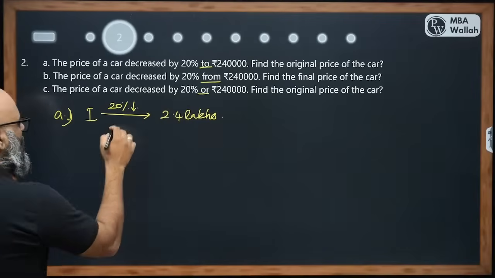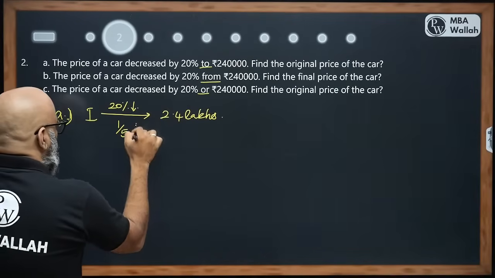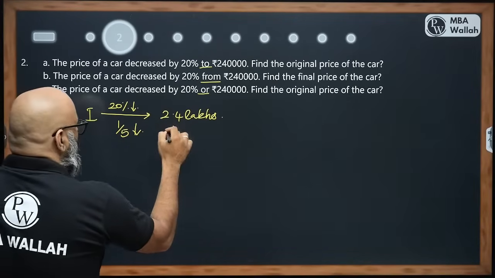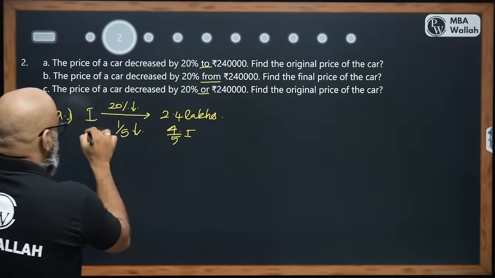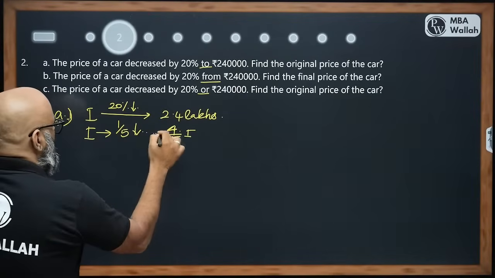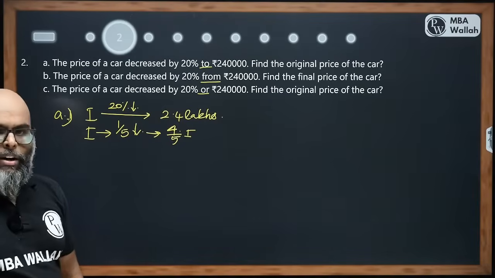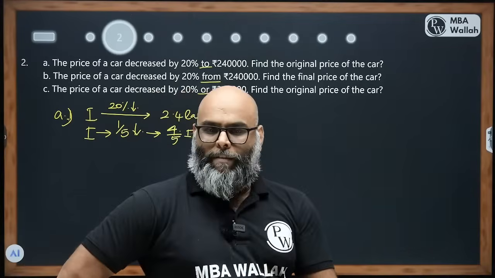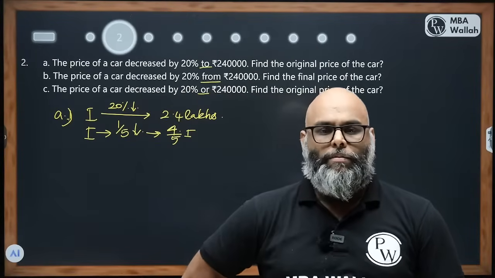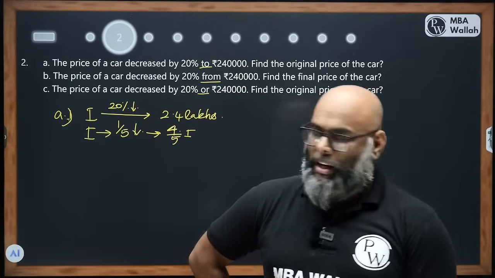Or can I say there is a 1/5 reduction. So this is 4/5 of my initial value. This is my initial value. There is a 1/5 reduction in it. My final value will be 4/5 of my initial value. Can we say that? Would it be fair to say that?